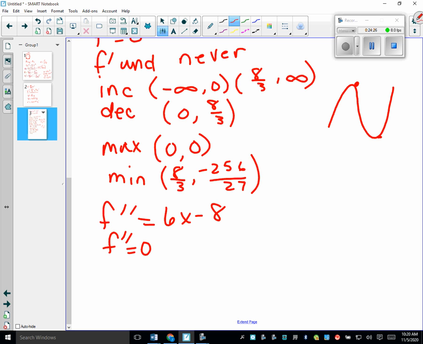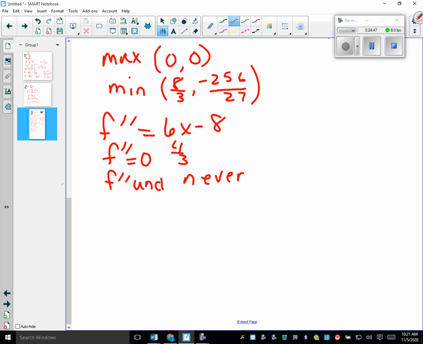At 4/3, yes, that's 6x minus 8 equals zero. When is F double prime undefined? Never. All right? The inflection point.